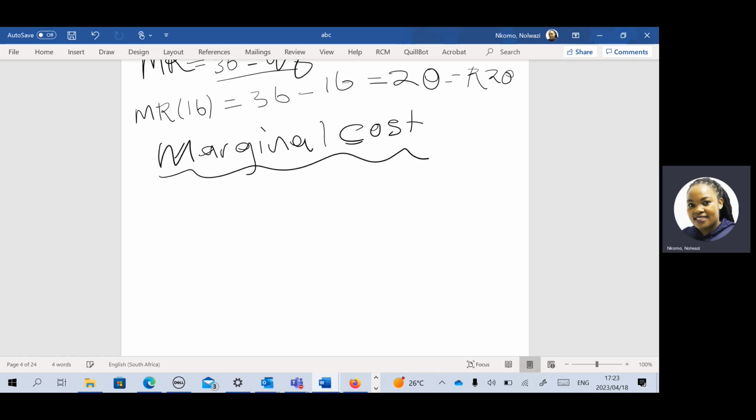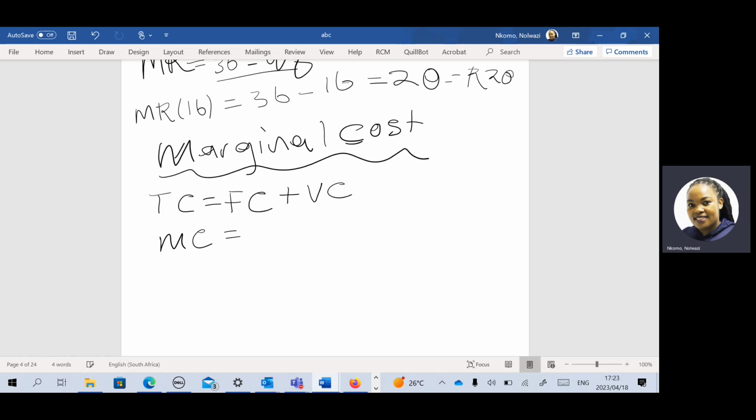Now, suppose we are given a total cost function, as in total cost equals fixed cost plus variable cost.